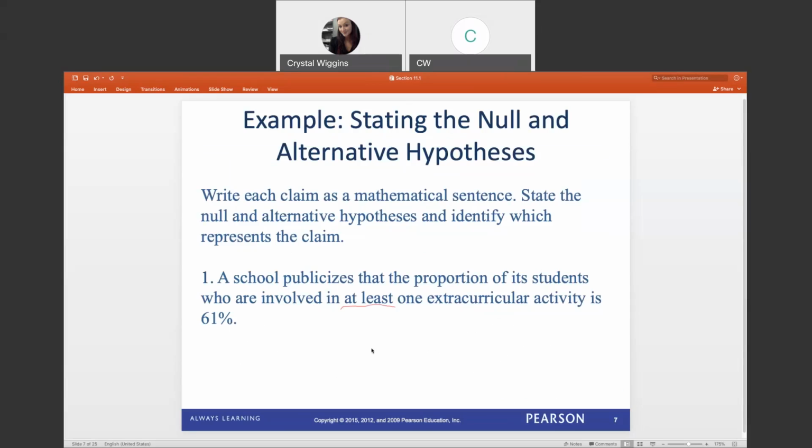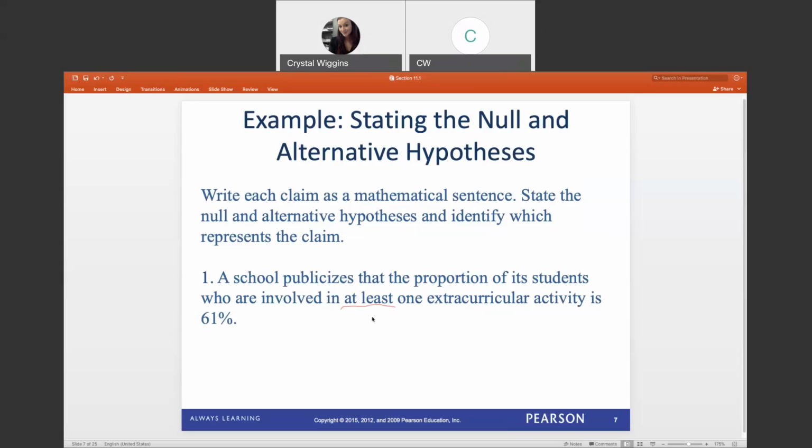Many students, when they first try this one, get it wrong because they see the words at least and think, oh, okay, so I have at least $50 in my pocket. That means I know I have 50 and I might have more. So that's greater than or equal to, and they go with that.